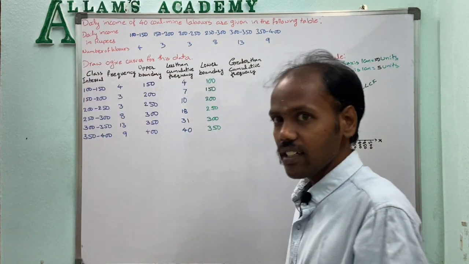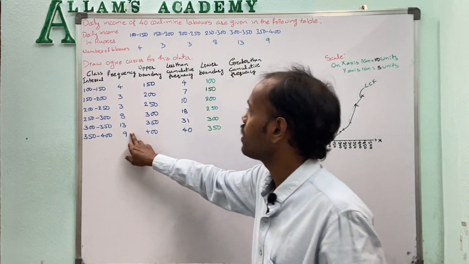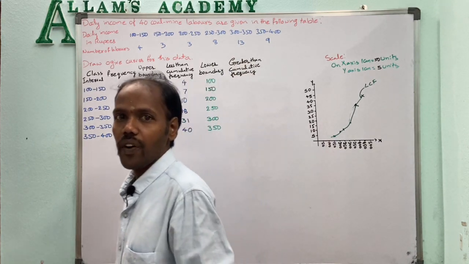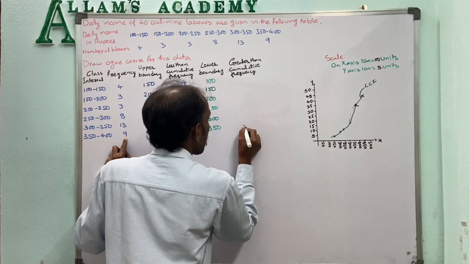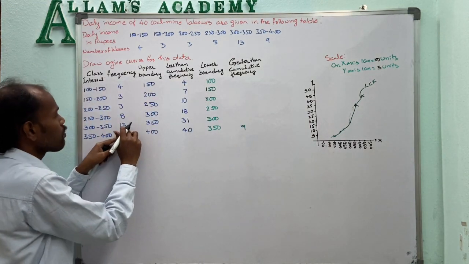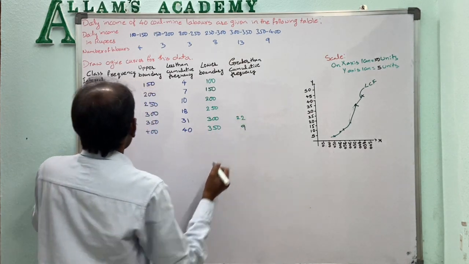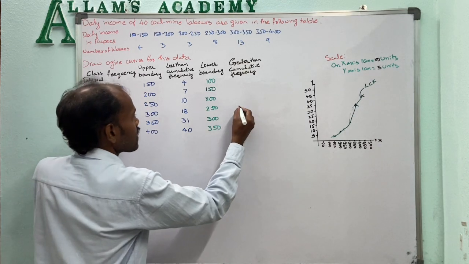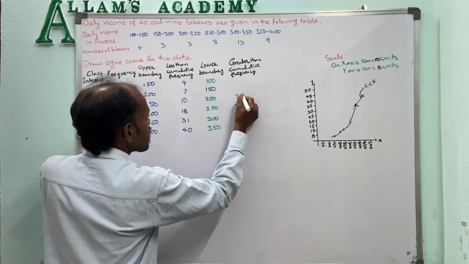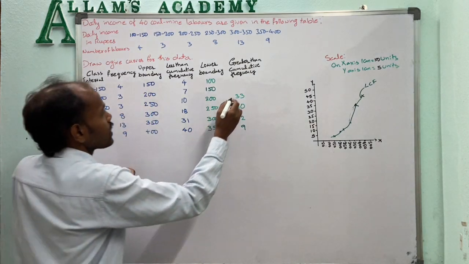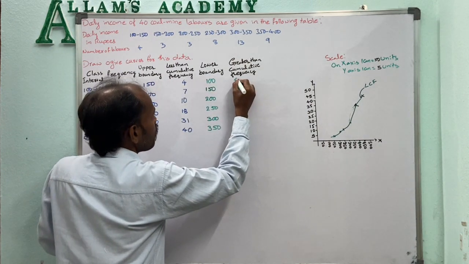Now finding greater than cumulative frequencies, from the bottom we add the frequencies. The first frequency is 9. Next, 9 plus 13 is 22. Next, 22 plus 8 is 30. 30 plus 3 is 33, 33 plus 3 is 36, and 36 plus 4 is equal to 40.